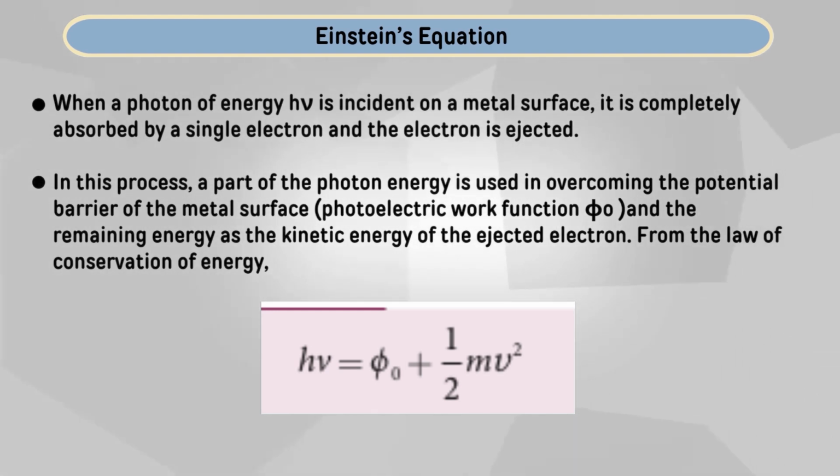So from conservation of energy, the total energy of one photon is the sum of the work function plus the kinetic energy, which is half m v square. So h nu equals the work function phi naught plus half m v square. This is known as Einstein's equation.